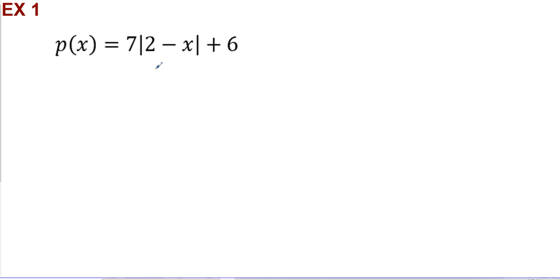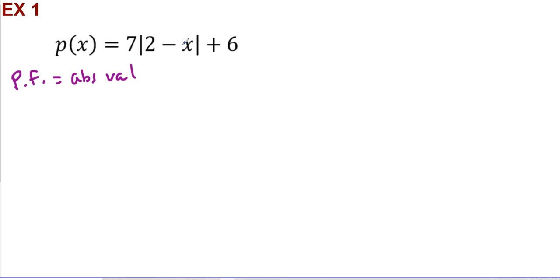So here I have my first example, and this is going to be P of x is equal to 7 times the absolute value of 2 minus x, plus 6. And this is the absolute value parent function. Right now I notice that this is not quite the way we wanted it, so we're going to have to rewrite this.